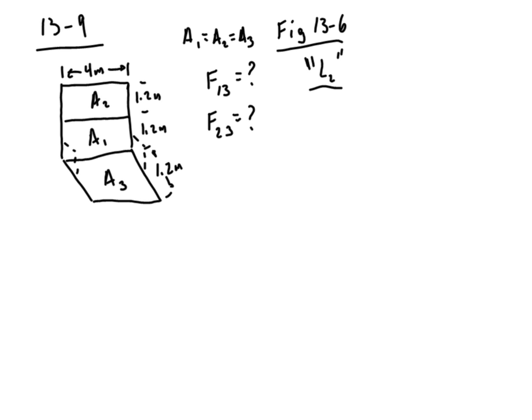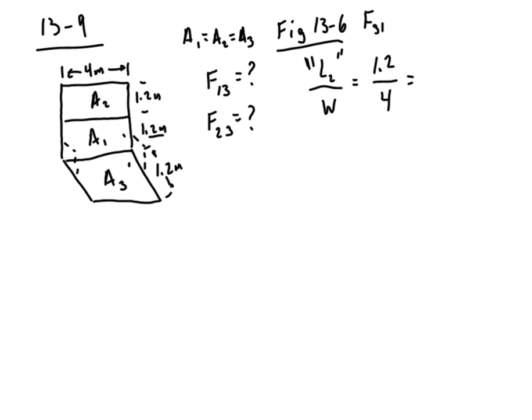Okay, so we need L2 over W, and I should mention, we're going to try and find the view factor from 3 to 1. So the bottom surface looking to surface A1. Our L2 in this case is going to be this dimension here, which is 1.2, and our W is 4.